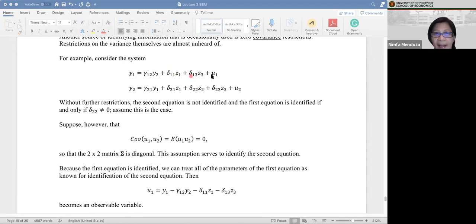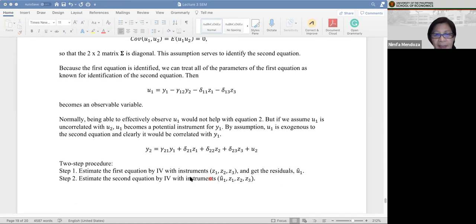This first equation is identified. So estimate the first equation using C sub 2 as the instrument for Y sub 2. That is the first step.